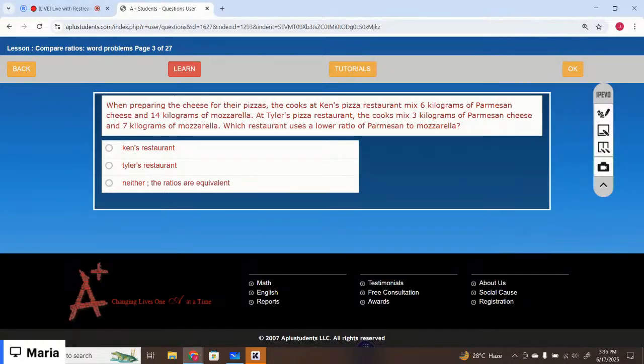When preparing the cheese for the pizzas, Atkins Pizza Restaurant makes 6 kilograms of Parmesan cheese and 14 kilograms of mozzarella.